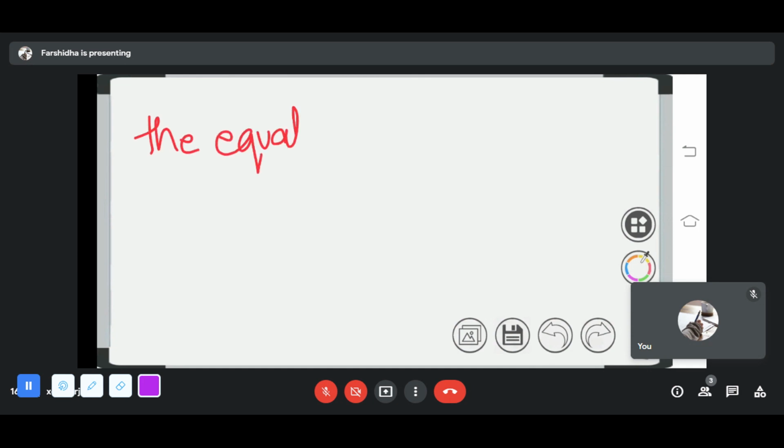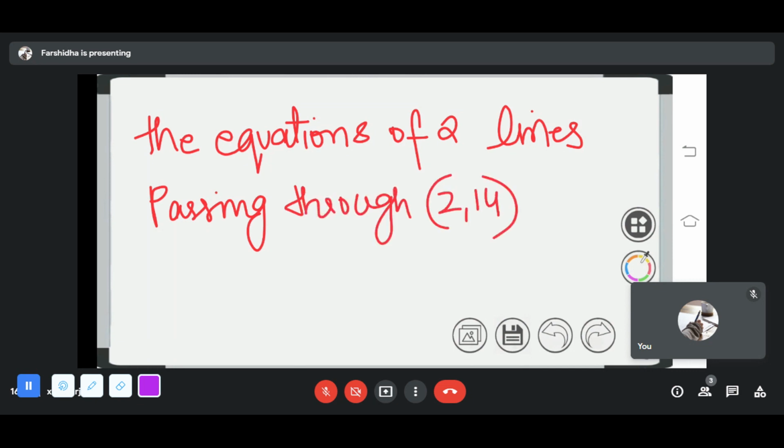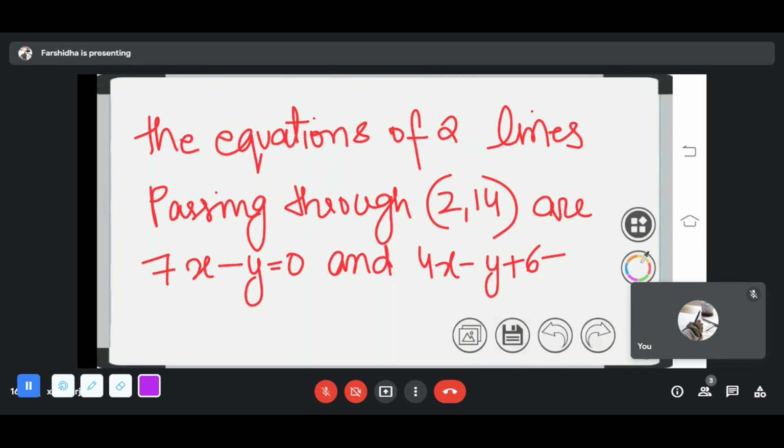The equations of two lines passing through (2, 14) are 7x minus y is equal to 0 and 4x minus y plus 6 is equal to 0.